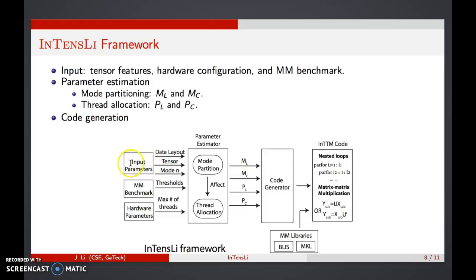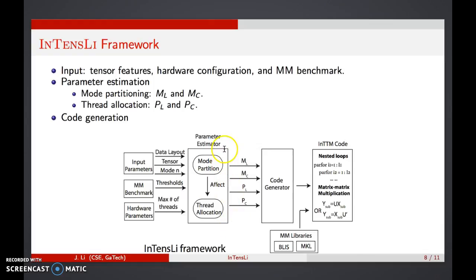Our InTensLi framework takes input parameters such as data layout, tensor dimension, tensor size, and the mode n to do the TTM operation, and also considers hardware parameters such as the maximum number of threads. We also build a matrix benchmark to test some thresholds to help decide the 4 parameters here.